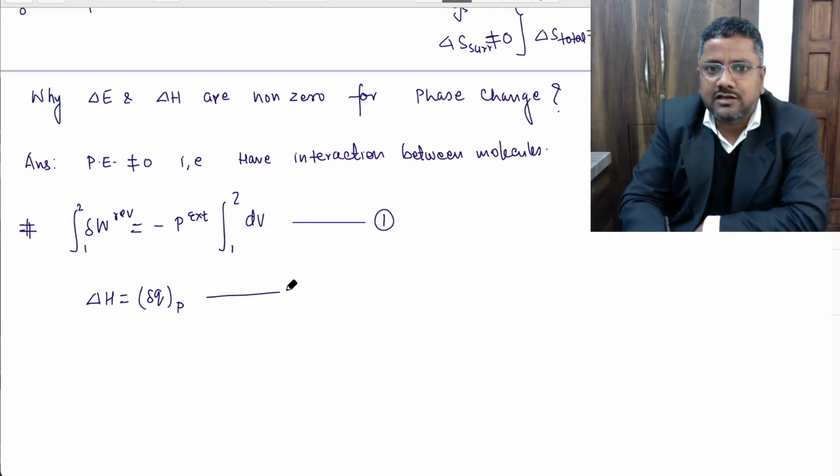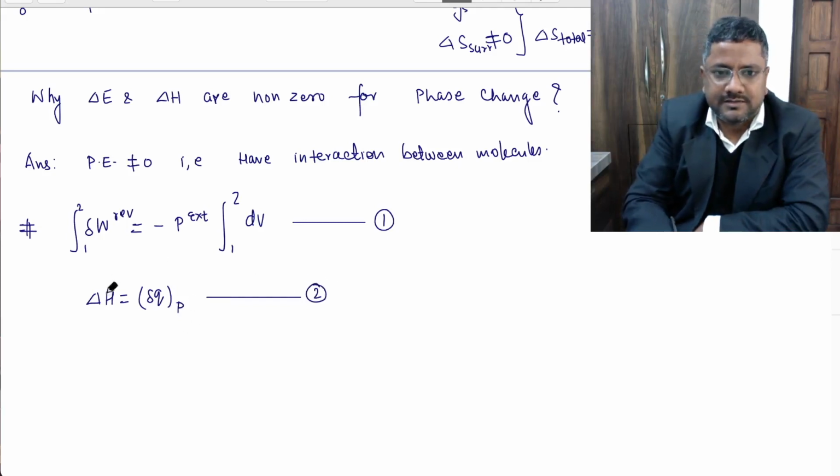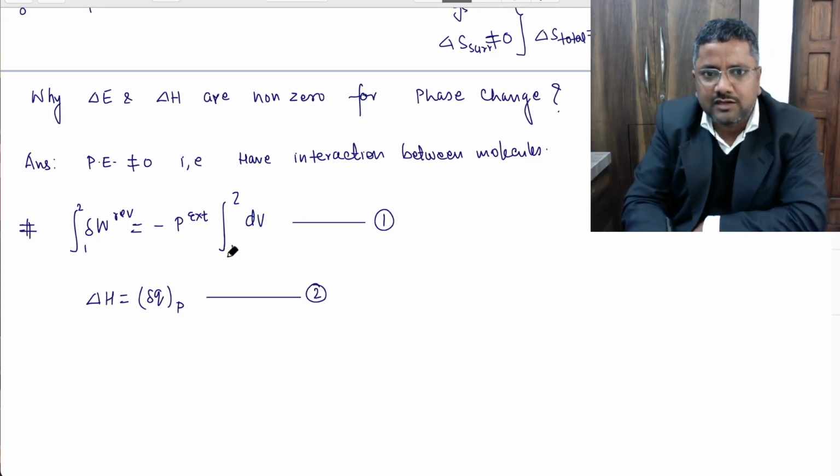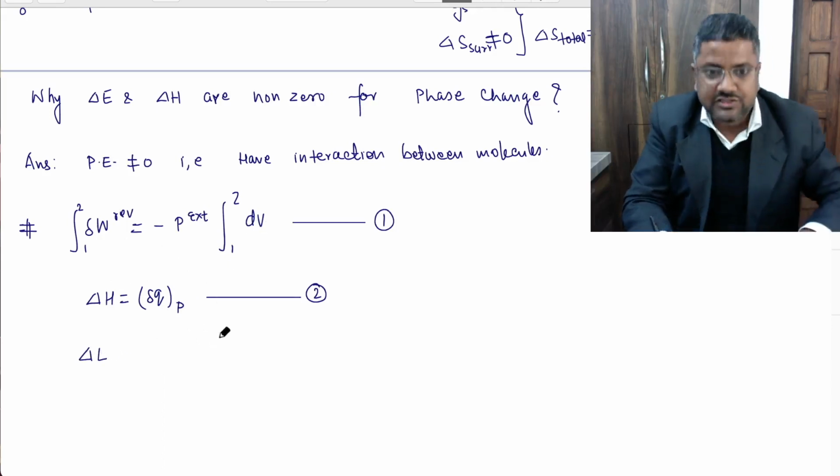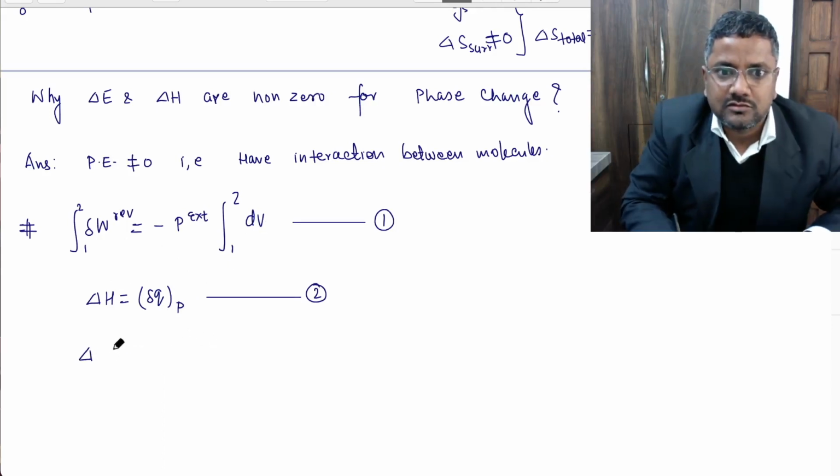This you can use, and the work, the PdV work, you can calculate from here. If you want to calculate delta E, you have the relation delta H is equal to delta E plus delta PV.